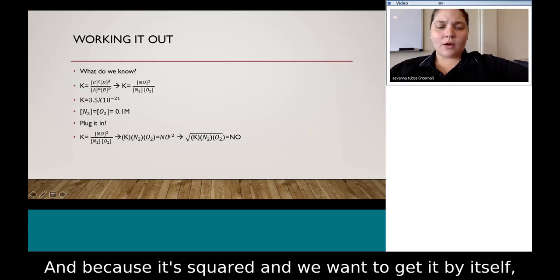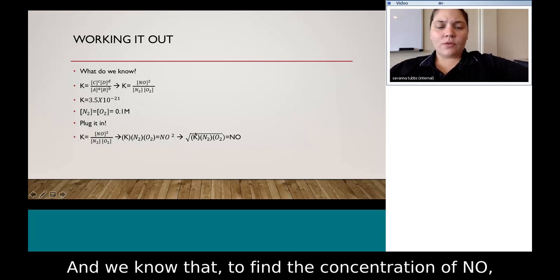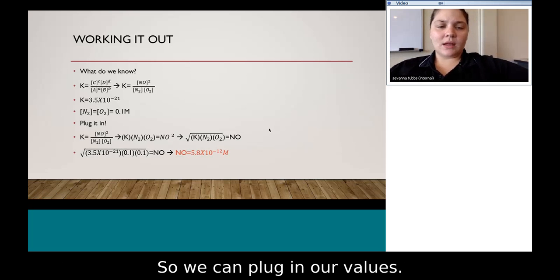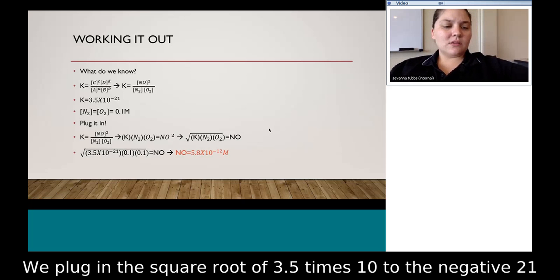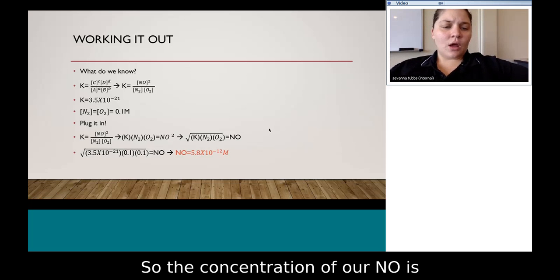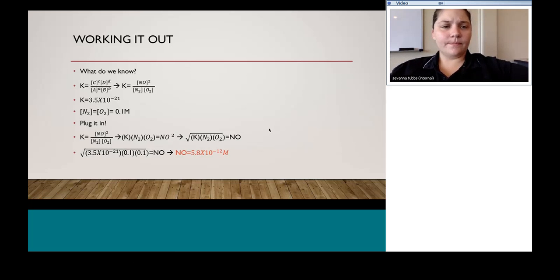And because it's squared and we want to get it by itself, we square root both sides. To find the concentration of NO, we take the square root of K times N2 times O2. We plug in the square root of 3.5 times 10 to the negative 21 times 0.1 times 0.1 equals NO. So the concentration of our NO is going to be 5.8 times 10 to the negative 12 molar.